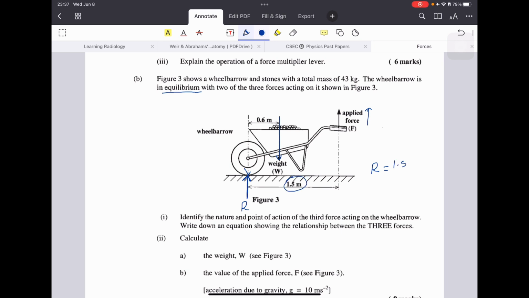So 1.5 F, that's the formula for moment, the product of the perpendicular distance and the force, minus the weight, because as you can see, the weight is in an opposite direction than R. So we have to assign it a negative value, minus 0.6 by the weight, right? So the weight is actually 0.6 meters from the fulcrum. And this is the equation that relates the 3 forces.